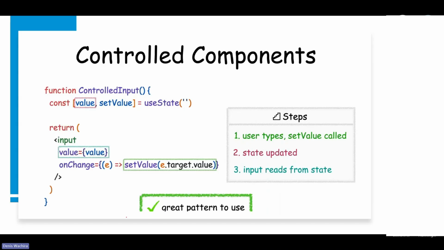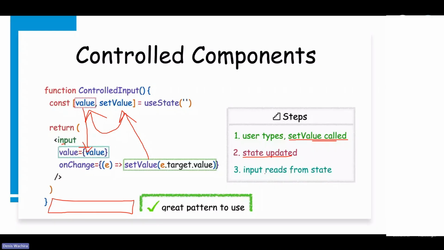So let's state the procedure. The user types something in the input, so the input calls the set value function. This function updates the state. Once you call this function, it updates the state, so the state value is whatever you are typing. Then we can display that value somewhere, whatever you are typing in this input.